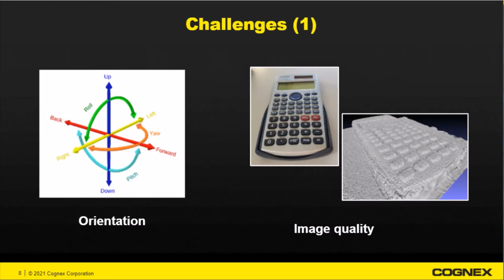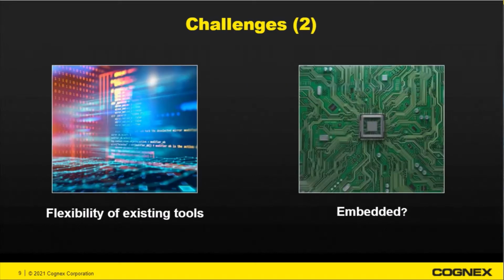If you cannot see the part, or if you cannot get the shape of the part you would like to inspect correctly, then of course it will be hard to perform a certain check. And then, of course, the flexibility of the existing tools. Can I easily tool chain the tools that are there, or do I need to write a lot of code because the image quality is not there? And if I would like to have this running on an embedded device, I would have to think about the processing power that will be needed by adjusting the tools code-wise.